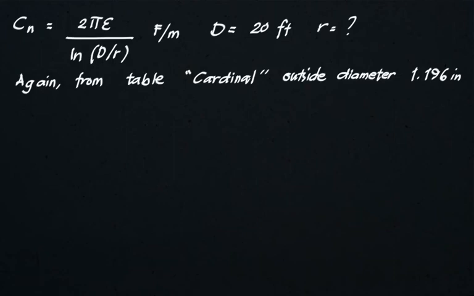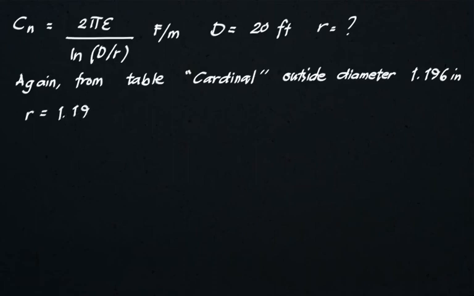Now, in inductance, we're always getting the GMR from the table. At this point, our r here comes from the outside diameter. For cardinal, it's 1.196 inches. So, what else do we need?